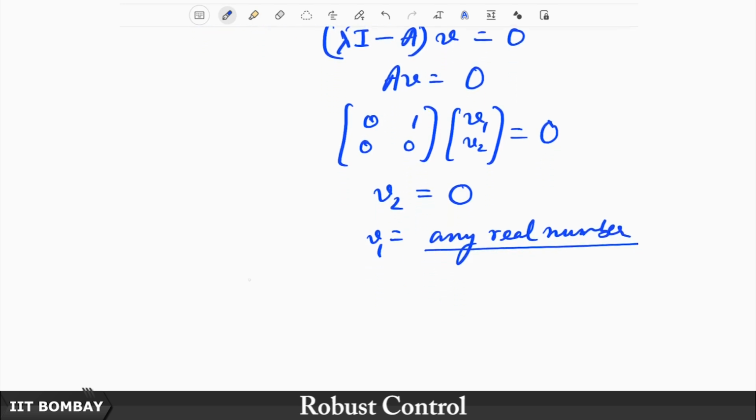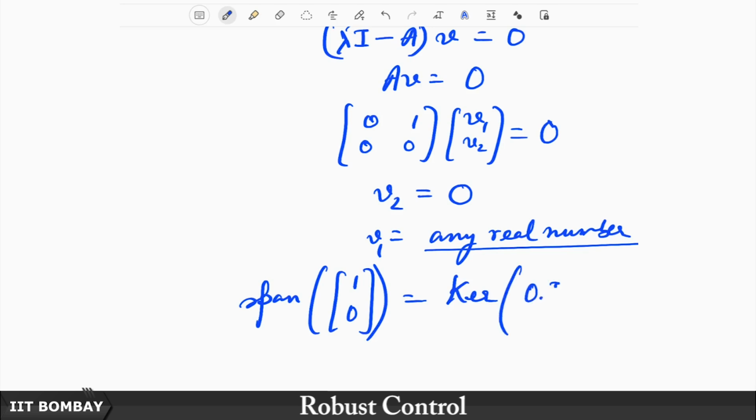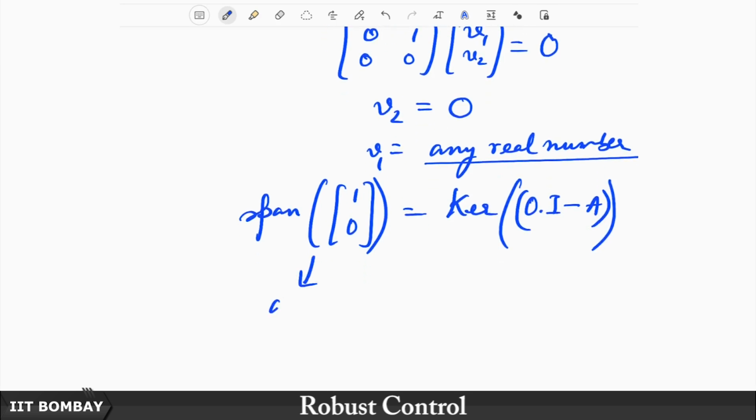So that means the span of 1 0 is equal to the kernel of 0 times I minus A, and clearly this is of dimension equal to 1.